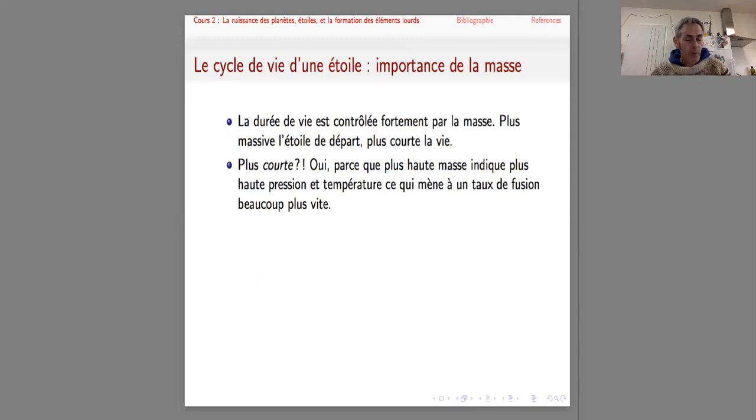It's counterintuitive, but if you think about it, there's a good reason for it. We've explained it actually, but let's go through it again. So the greater the mass, the higher the pressure in the center. And the higher the pressure, the higher the temperature.